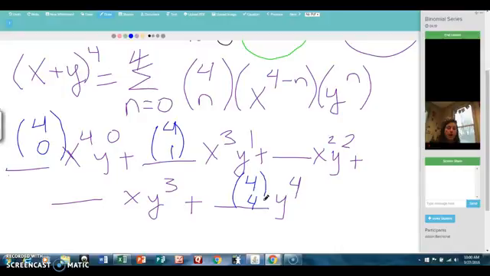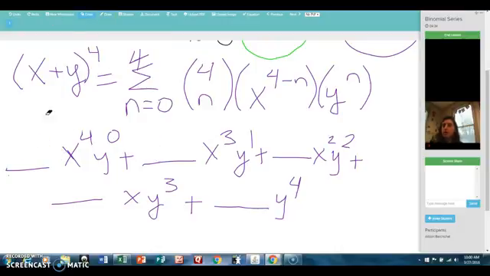That's the number of combinations that can be made with 4 things chosen 4 at a time. All right, so let me clear out the blanks I just made. Now you can find these on your calculator.